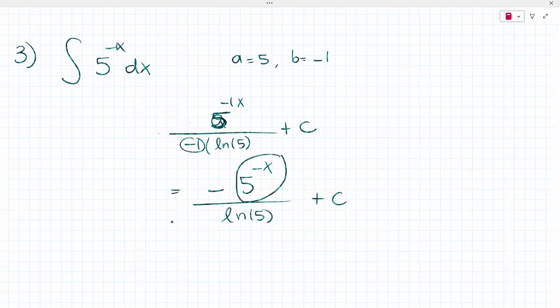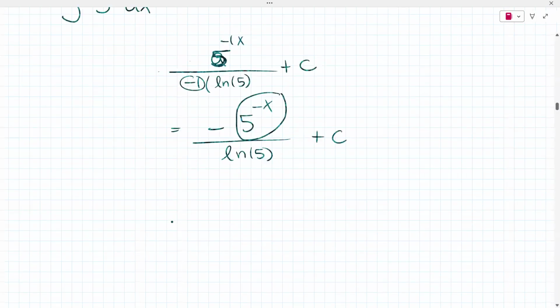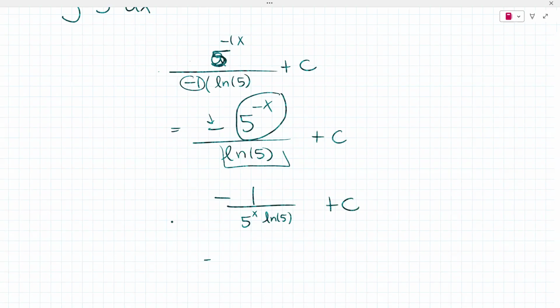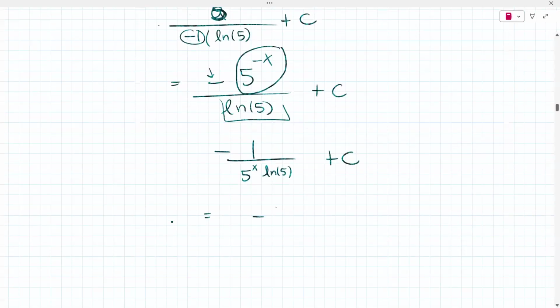You can write that as a positive power. That would be 1 over 5 to the x. And then you have ln of 5 on the bottom. And then you still have this minus here. And don't forget the plus c. Okay, so your final answer is negative 1 over 5 to the x ln of 5 plus c.